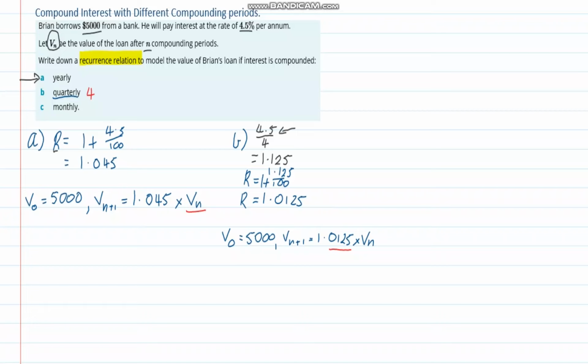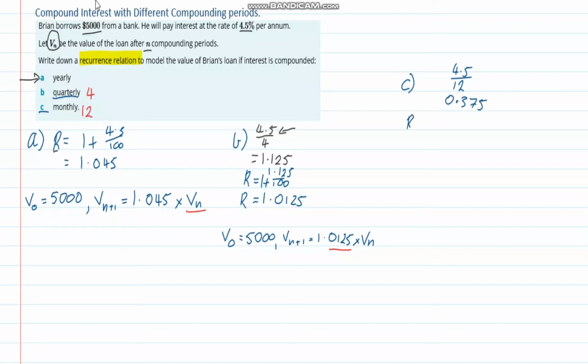Now hopefully we start picking up on the pattern here and see the monthly. How many months are there in a year? Hopefully we all say 12. So to get R for C, let's go up here for C. To get R for C, we are going to divide 4.5 by 12. And that'll give us a figure of 0.375.